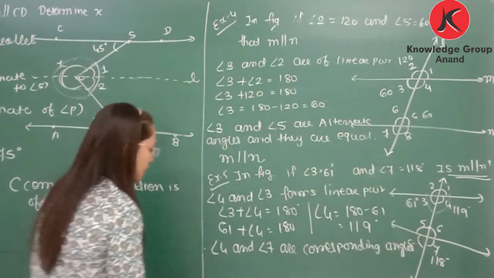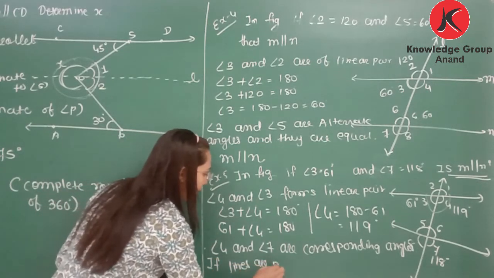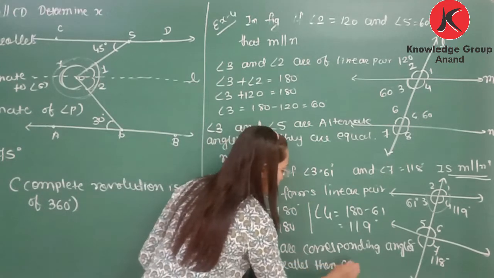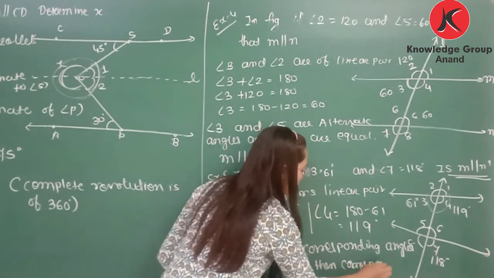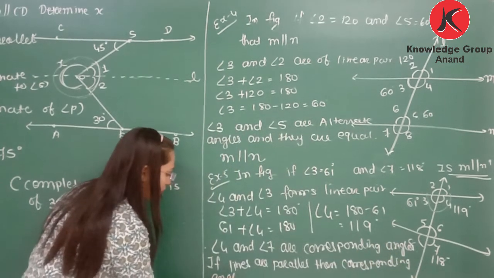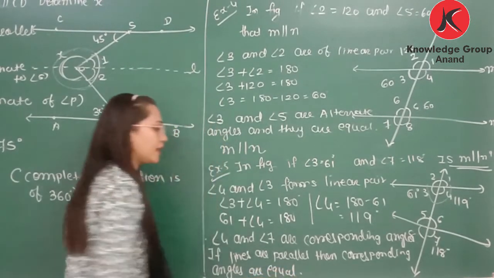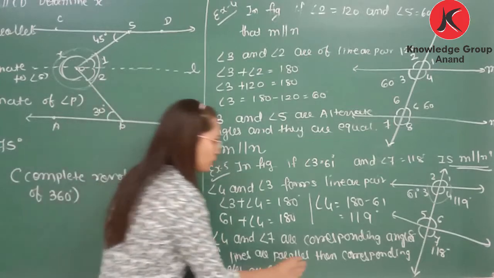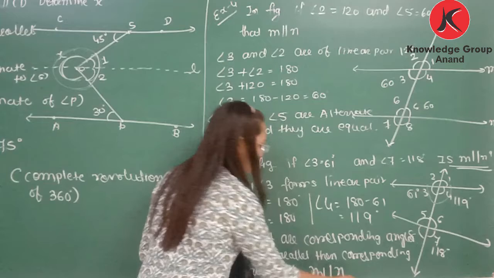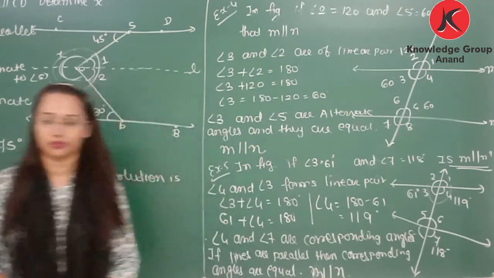So if lines are parallel, then corresponding angles are equal, but here they are not equal, so lines are not parallel. So we can write M is not parallel to N. Why? Because here corresponding angles are not equal.